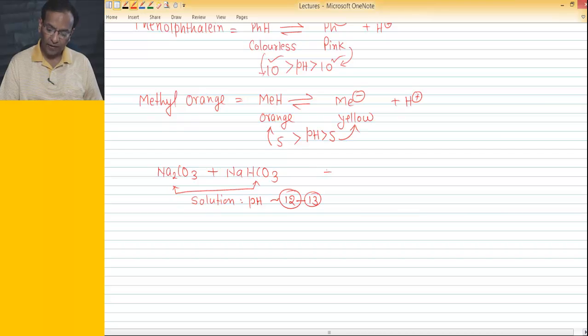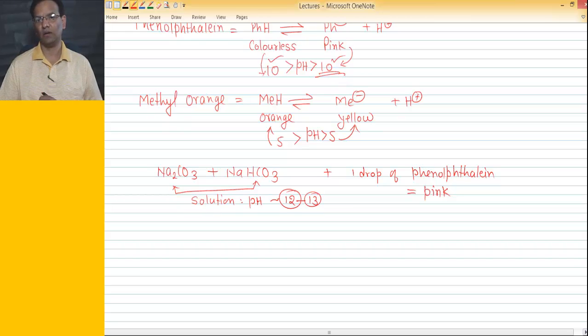So if we add, say, one drop of phenolphthalein, the solution will develop pink color since at pH greater than 10 the solution will show pink color.